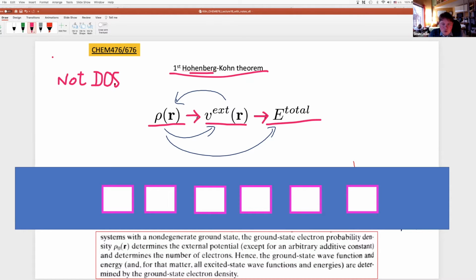So we need to prove that if one knows the density of electrons in a molecule, one can reconstruct the external potential, which means reconstruct the potential of attraction of these electrons to the ions. And as a consequence, one can also find the total energy.